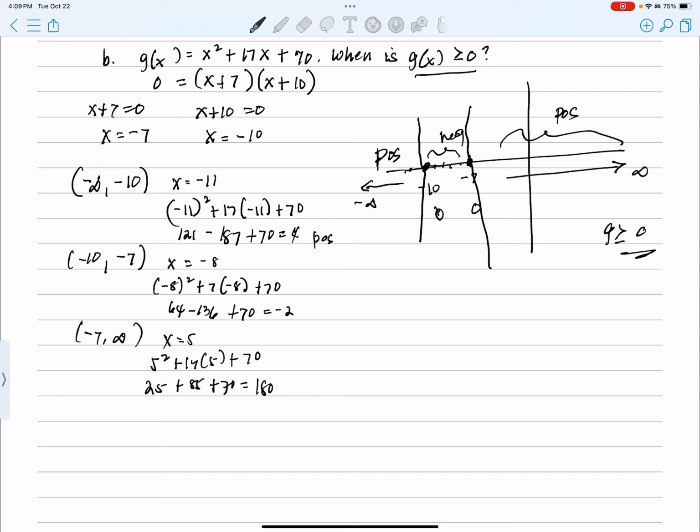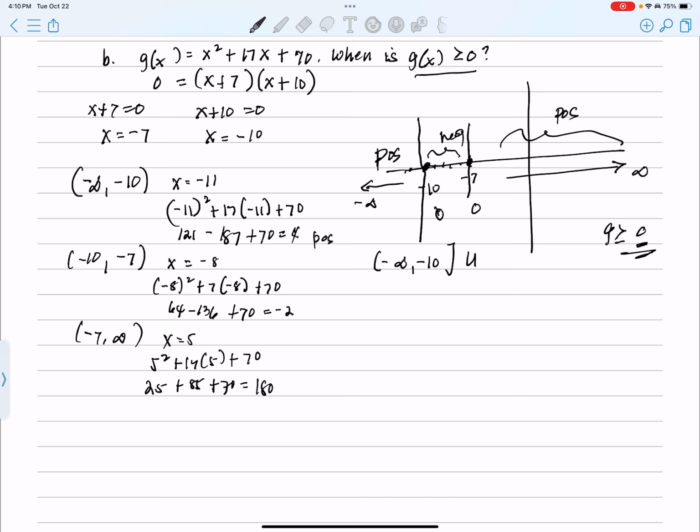So our interval from negative infinity to negative 10, because it says equal to 0, so negative 10 is included, with a bracket there.